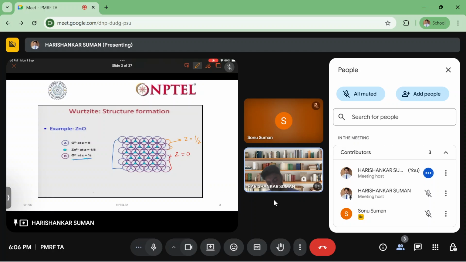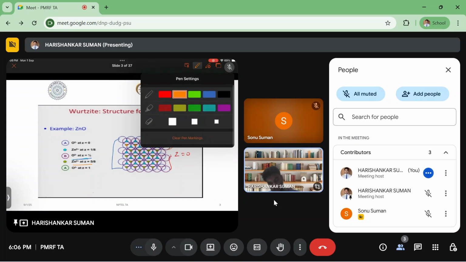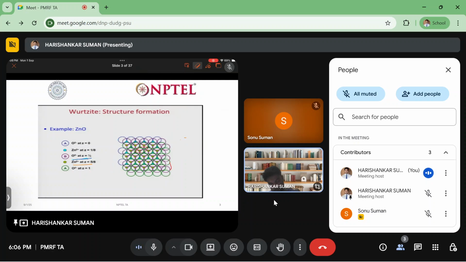This is B. Now again Zn2 plus at Z equal to 5/8, which again settles down. Now let's see the clear image. Again O2 negative at Z equal to 1.